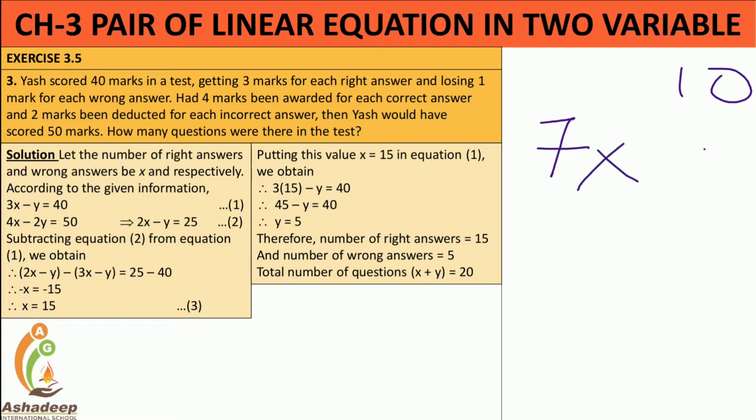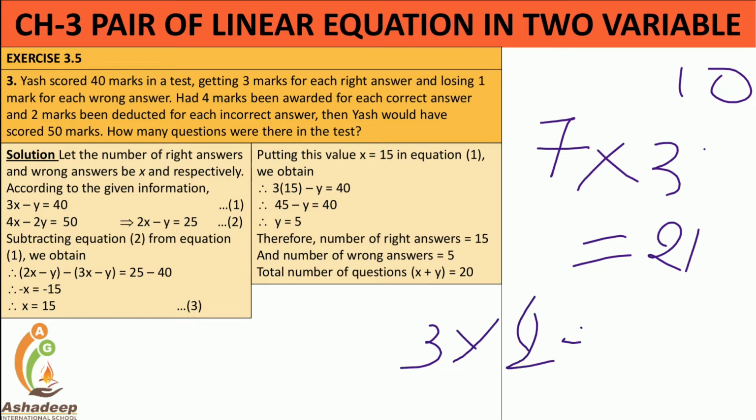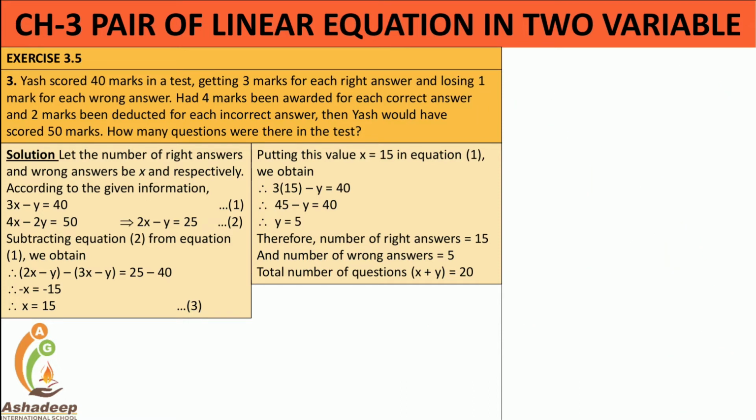For each correct answer he gets 3, so that is 21, and 3 he answered wrong, so he gets 1 negative for each. Negative means minus, so 3 ones are minus 3, so total he gets 3 minus and 21 plus. So total marks is 18, right? Because losing 1 mark means it is negative.